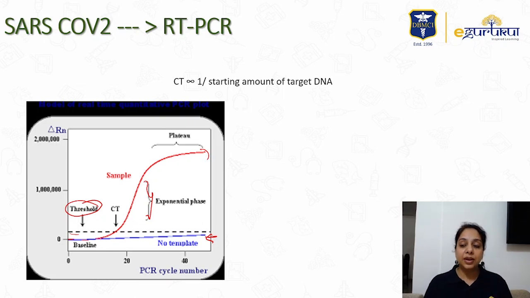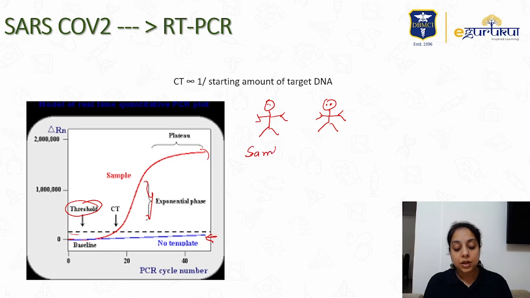So what do we mean by that? Imagine you initially have these 2 patients. In this patient sample, the RNA is, let's say, 5 nanogram. This sample has 50 nanogram.